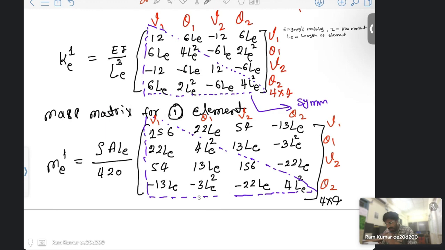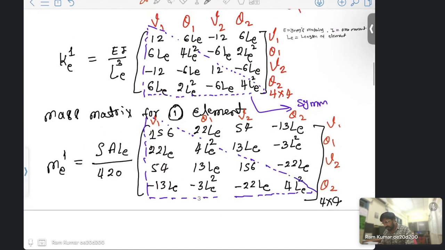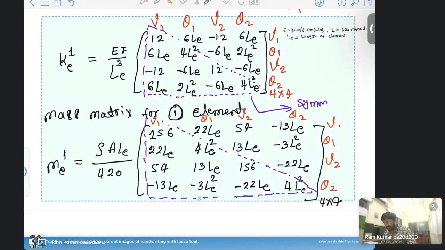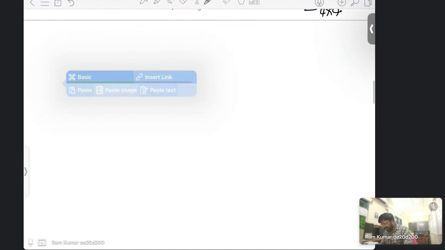Now similarly for the second element. So now I will write again here second element. I will use a technique, I will just copy this one and paste here.